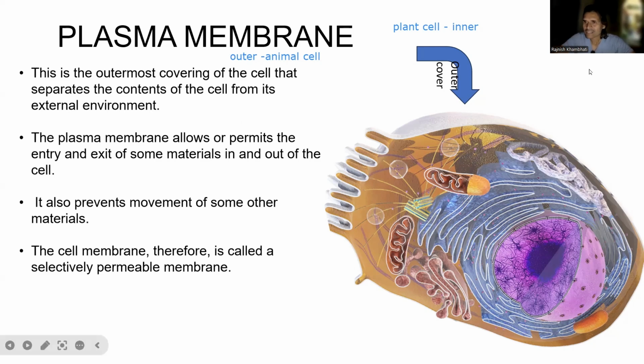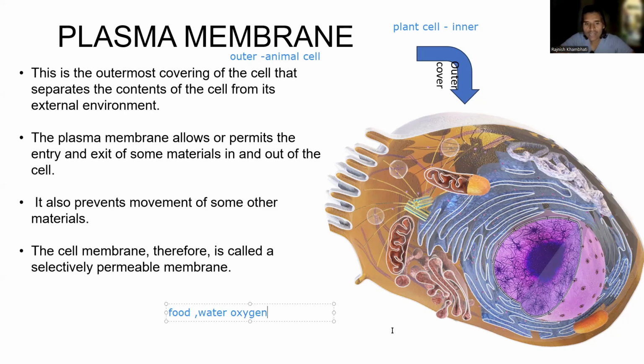Now, understand this. A cell requires a few things. What does a cell require? A cell requires food, water, and oxygen. Remember this?